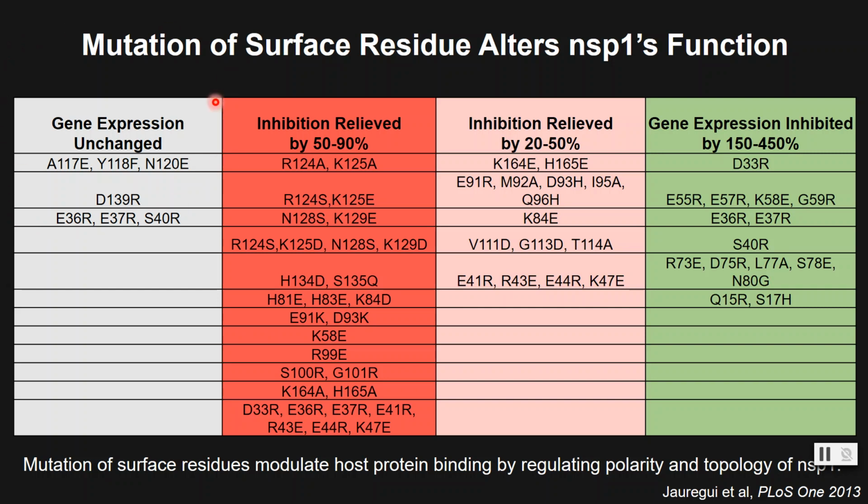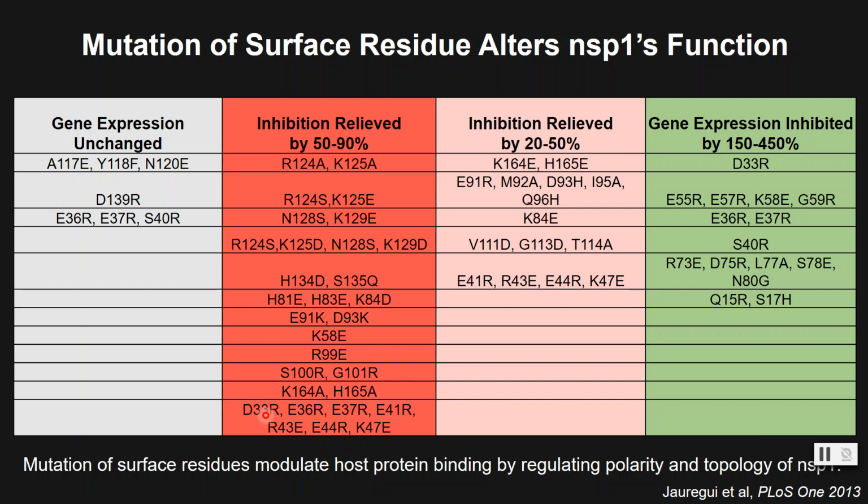So the first set of experiments shows that gene expression was unchanged by these mutations. The next two columns show how NSP1's activity is suppressed by this whole set of mutations.